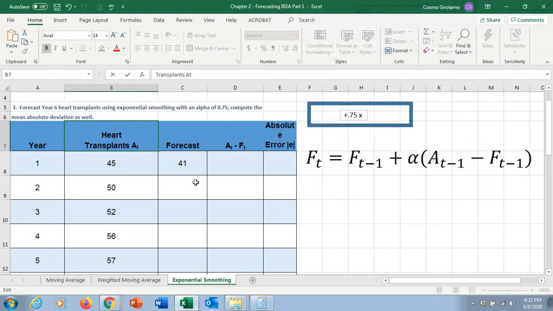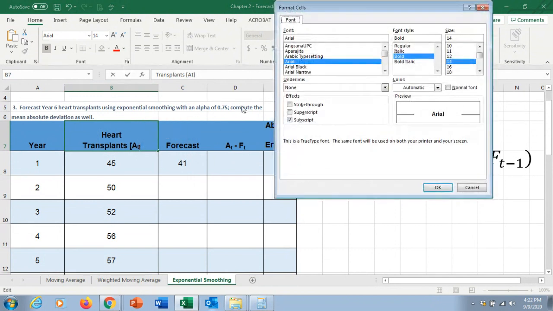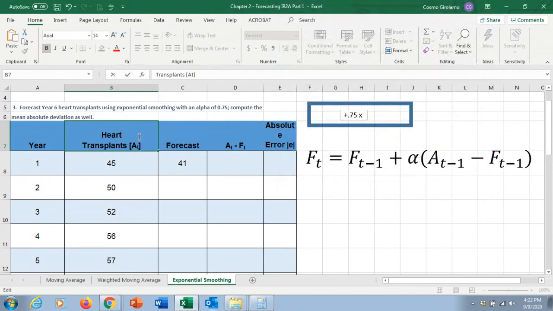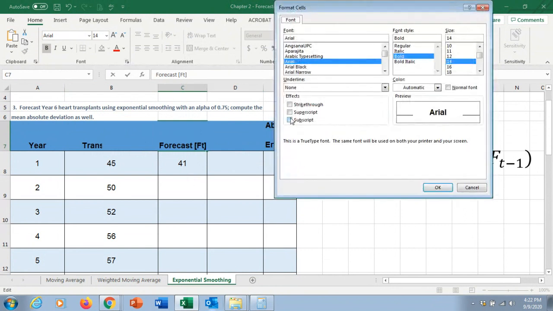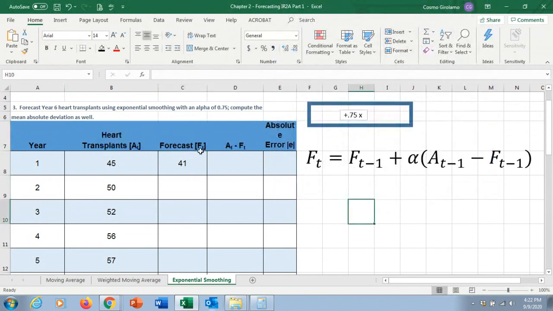So heart transplants, A stands for what actually happened. And the forecast is FT.